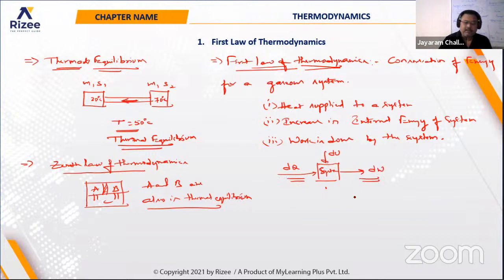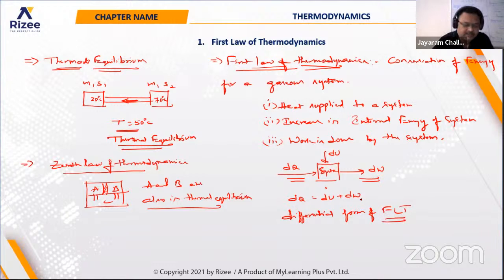So the first law of thermodynamics can be written as dQ = dU + dW. This is the differential form of the first law of thermodynamics, which you can take as FLT.